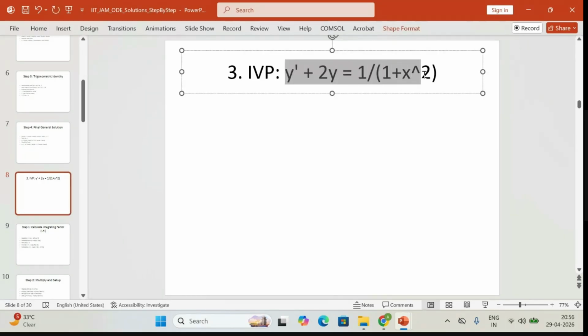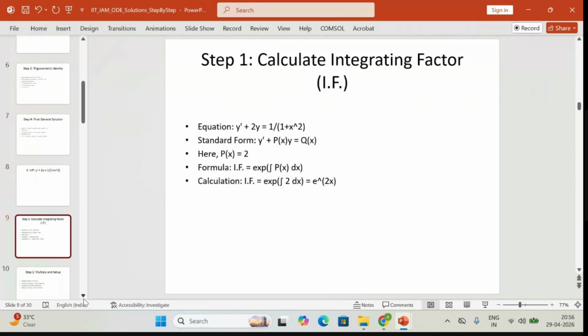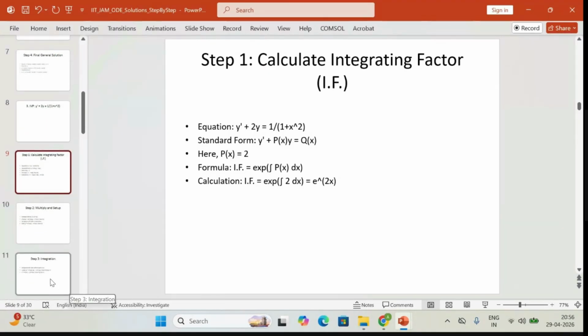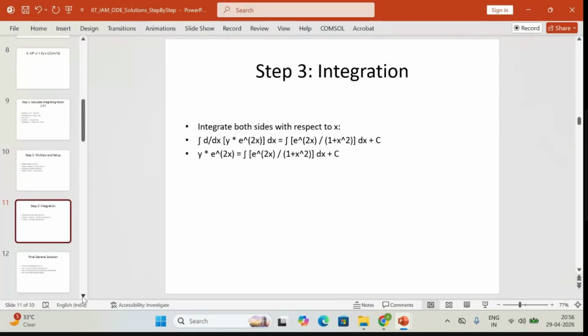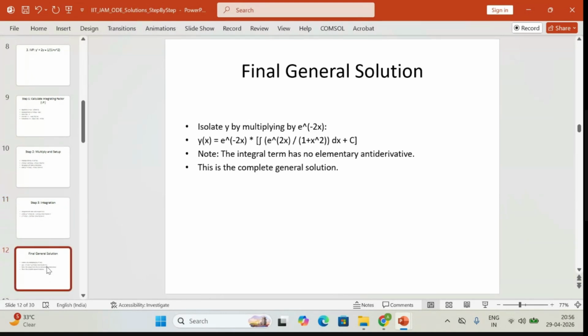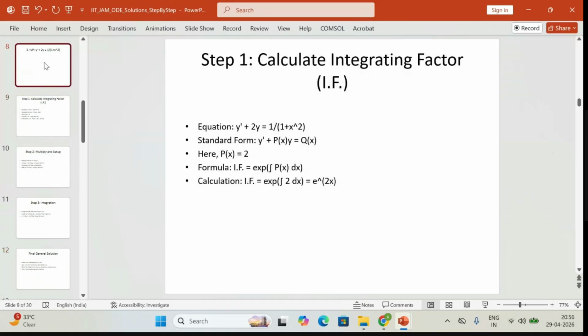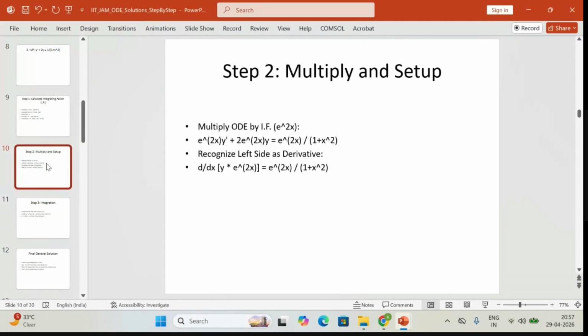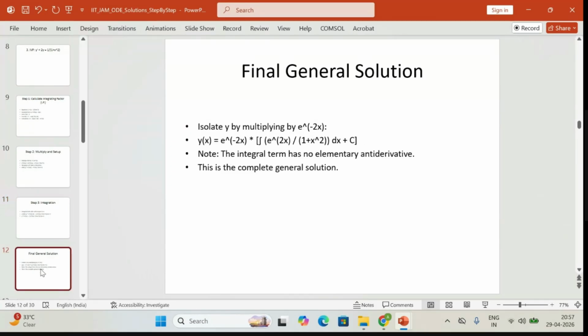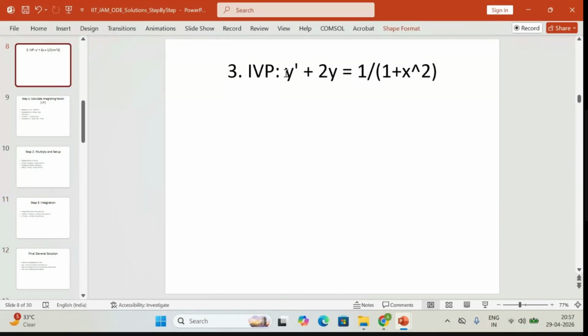Now let us look into this question. Wait, I did not put in the IBP. Yeah, try and solve this equation.